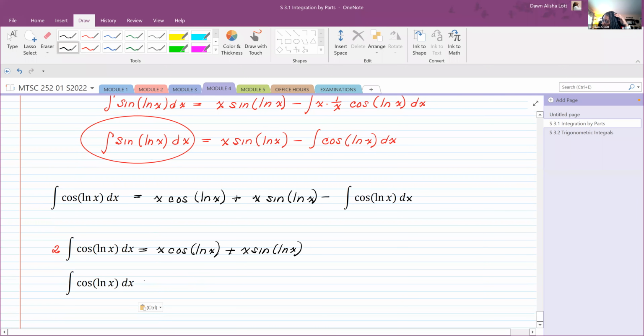This is equal to x the cosine of the natural log of x plus x the sine of the natural log of x, divided by 2, plus c. And we are done.